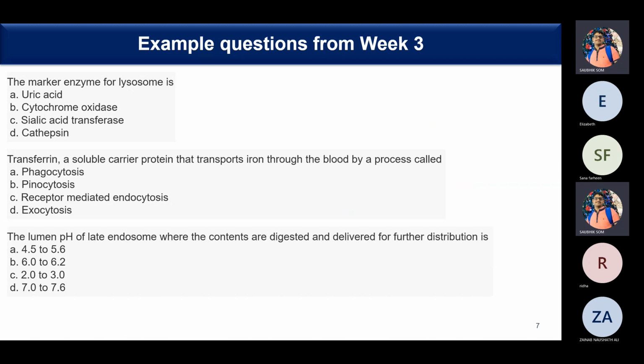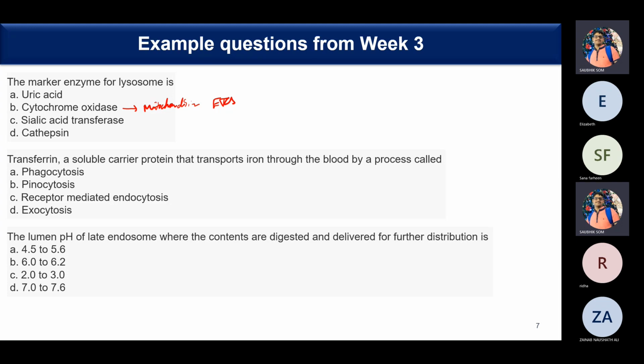So the marker for lysosome is which one? Uric acid, cytochrome oxidase, sialic acid transferase, or cathepsin? Uric acid is not a marker; it's a metabolite. Cytochrome oxidase, as you know, is present in mitochondria because it's a part of the ETC, the electron transport chain.